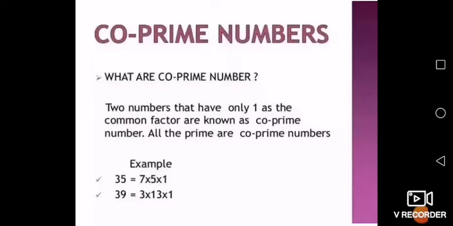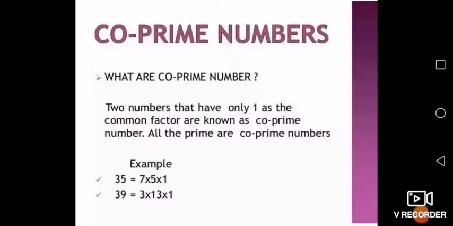So, here the definition of co-prime numbers has been given. Now children, two numbers in which you have only one as a common factor, then those numbers are called co-prime numbers.